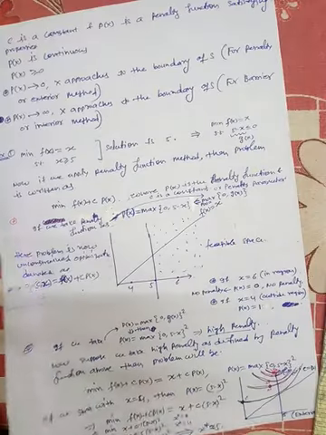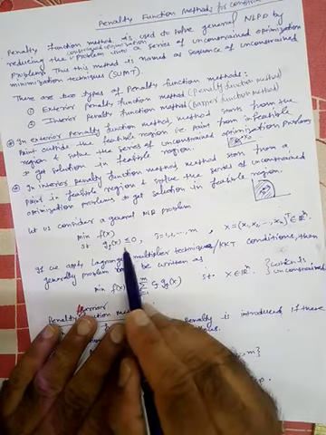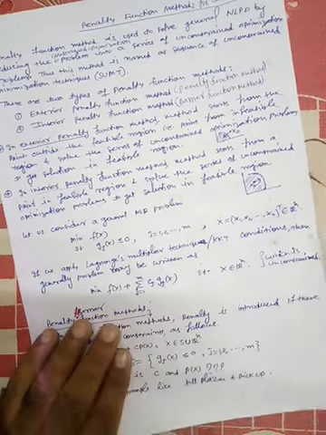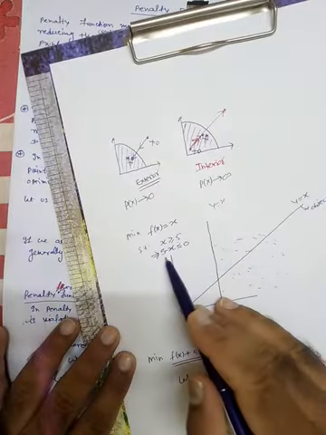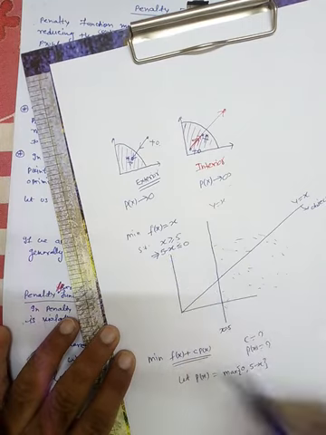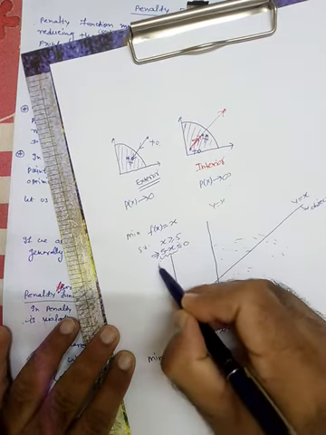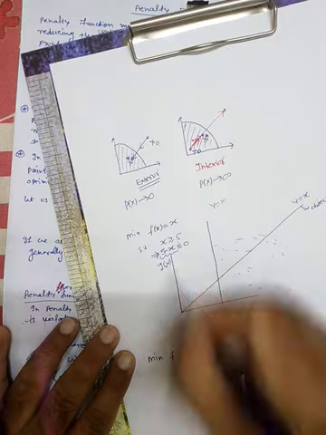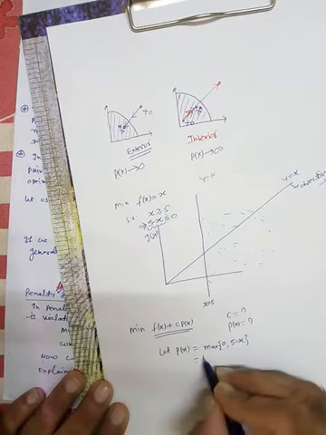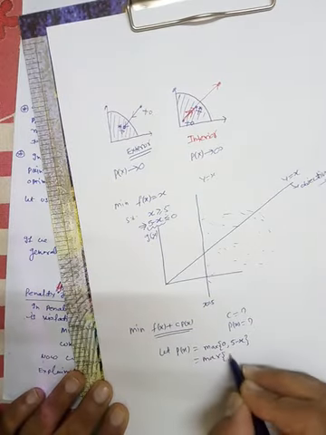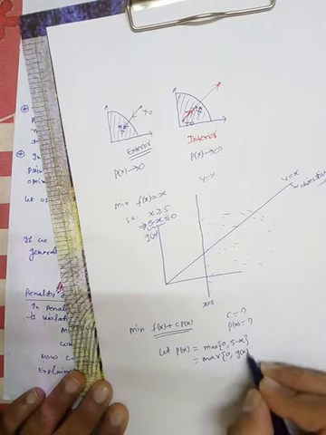Why have we selected this form? Because if you see the problem here, g_j(x) is less than or equal to 0, so we are converting our constraint into this form, 5 minus x is less than or equal to 0. So this is your g(x). So here we have taken the maximum of 0 and g(x).